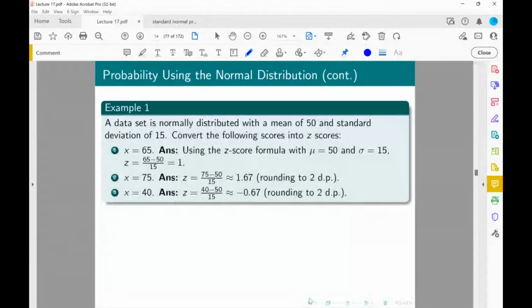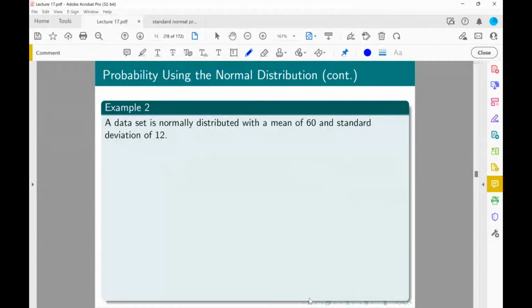Right. For this next one, we're considering another normally distributed data set, mean 60, standard deviation 12. And this time we actually want to work our way backwards. We're given z-scores, and we want to find our value of x. If we want a value of z equals 3, we just need to solve for x.